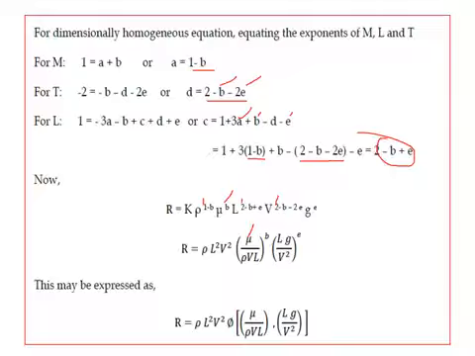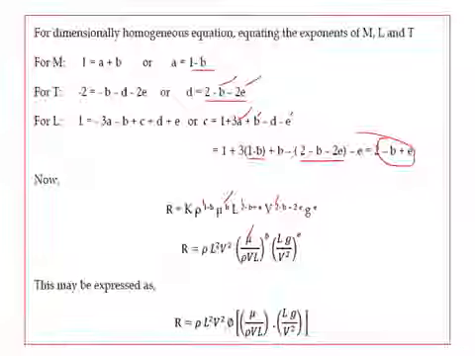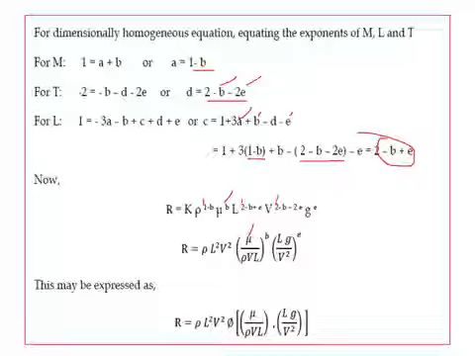So the next term, here we have the like power E, L to the power of E, G to the power of E, so Lg divided by V to the power of minus 2, which becomes V square. So that means R by rho L square V square is a function of mu by rho VL and Lg by V square. Therefore R is equal to rho L square V square, a function of mu by rho VL and Lg by V square.